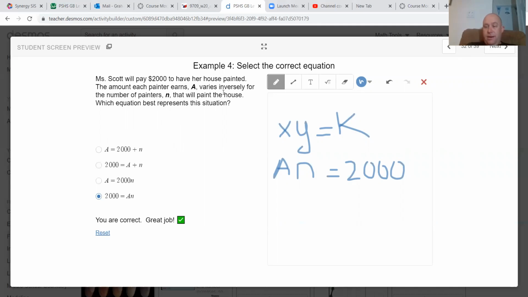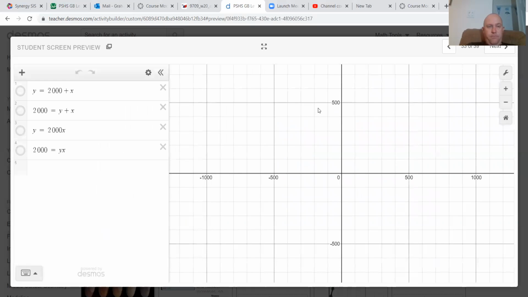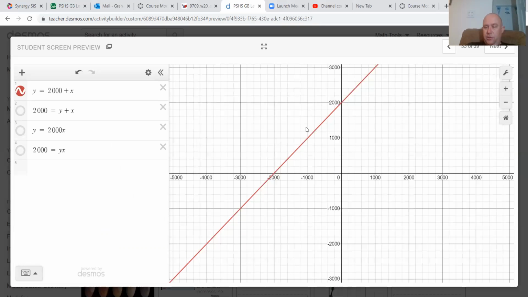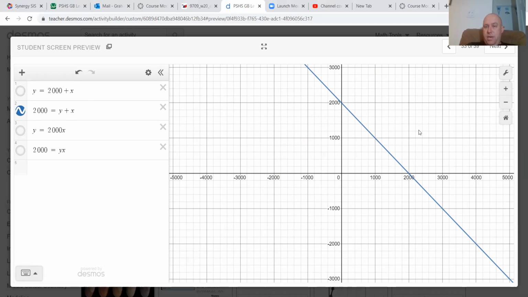As it's inverse, I know this is not a straight line, and I know it doesn't go through 0, 0. So as I type in each equation, now you might have to zoom out kind of a lot here. I already started to zoom out. This is definitely not curved, so I know that it's not that first answer. And same for B, that gives me a straight line, so I know that's not inverse variation either. As you type in C, it actually draws over the y-axis.